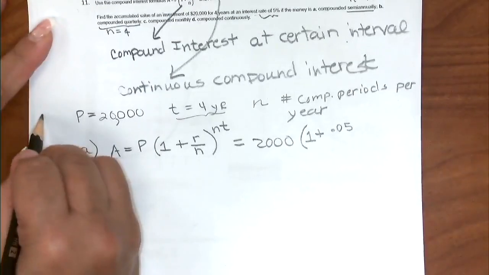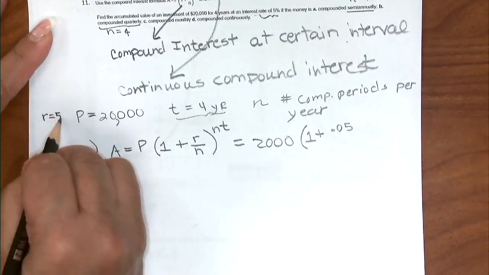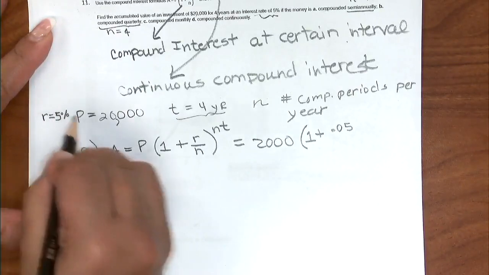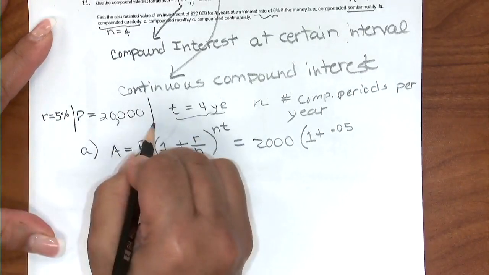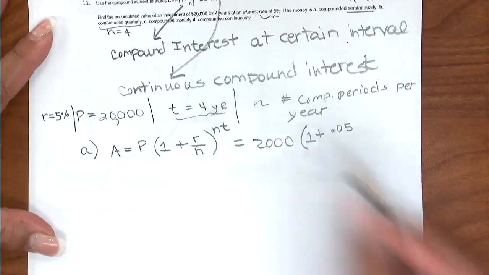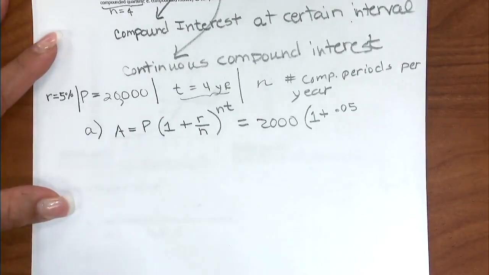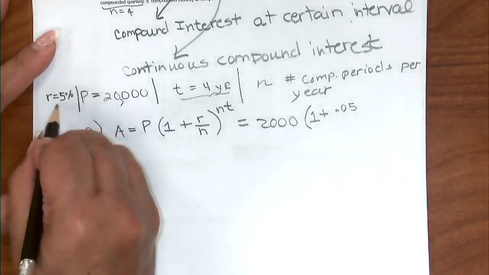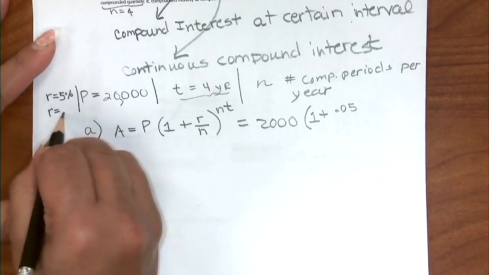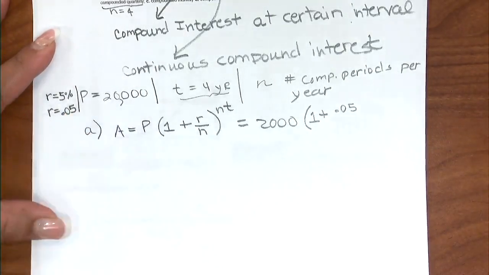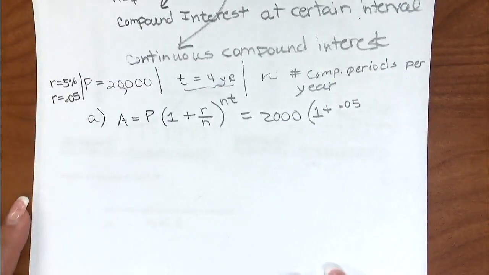Maybe you can write that right here, that the rate they said in the problem was 5%. P is 20,000. Time is 4 years. But you're not ever allowed to use it as the percent in any of your formulas. You slide the decimal over 2 places to the left. So you have to use it in this form right here, 0.05, if you have forgotten that.